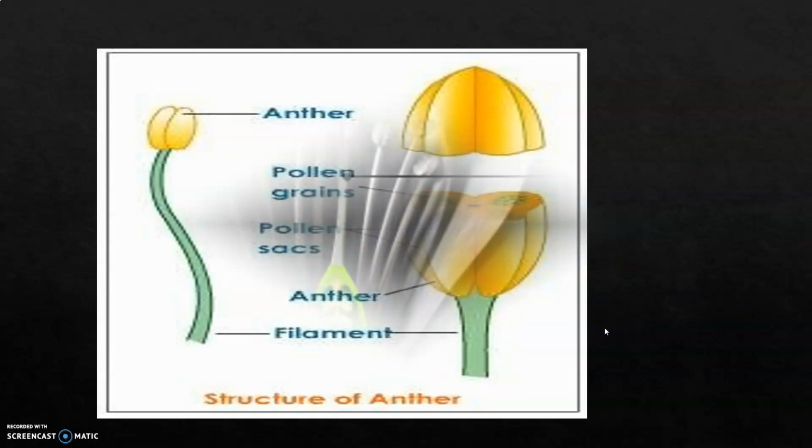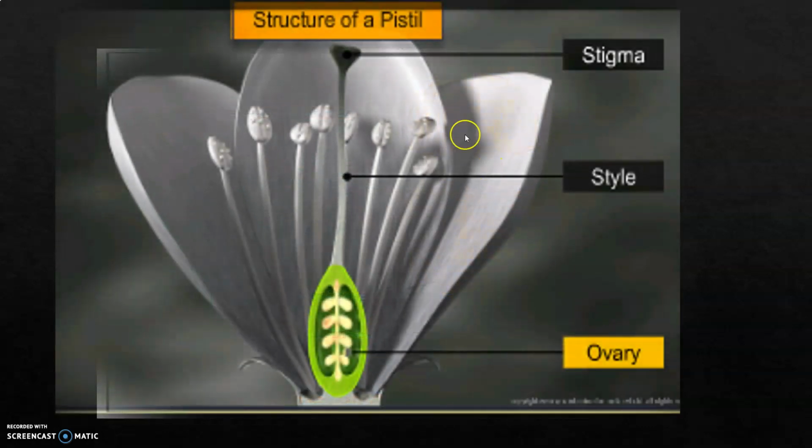Now let's discuss the female reproductive structure, which is the pistil. Pistil, as I told you, consists of three parts, the stigma, style, and ovary. Here, the structures that you can see are the ovules. The number of the seeds formed in a fruit are actually the number of ovules which are fertilized. So these fertilized ovules will give rise to seeds.